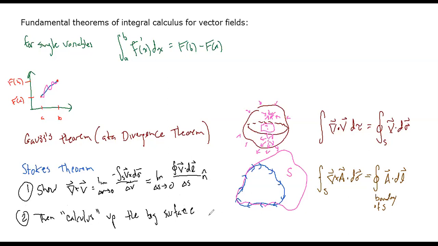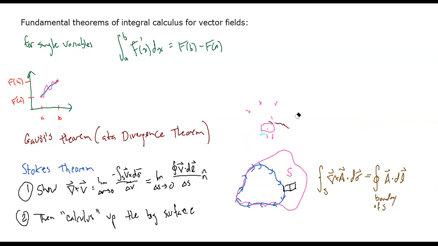And I'll draw a picture of that because that's kind of the heart of what's going on. Imagine that I have two little plaquettes of area side by side, and I blow them up and look way, way, way close in.